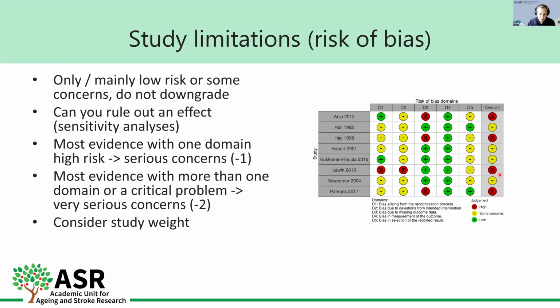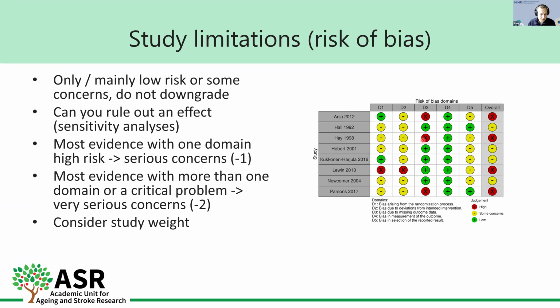That might mean that the major contribution, or maybe particularly this Lewin one with two domains at high risk of bias, is making the main contribution. So there might be reasons why we would want to downgrade to very serious concerns. Perhaps we have critical concerns about the problems that are contributing to these being overall high risk of bias.